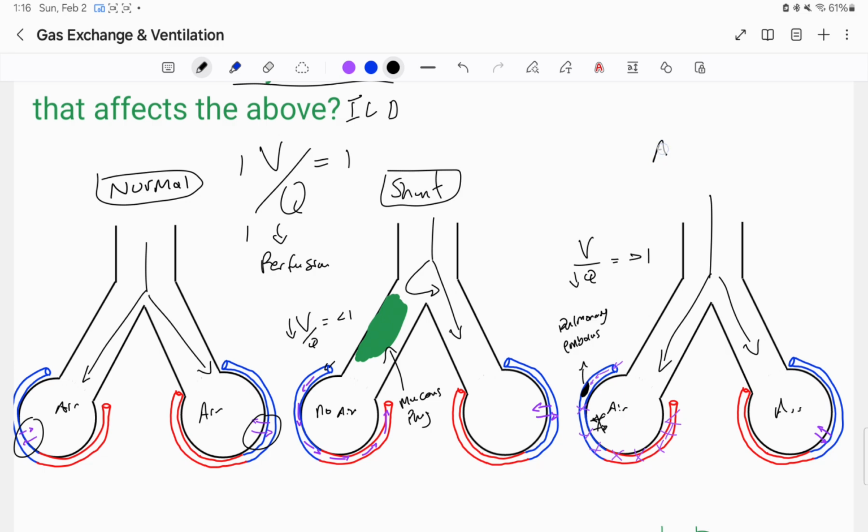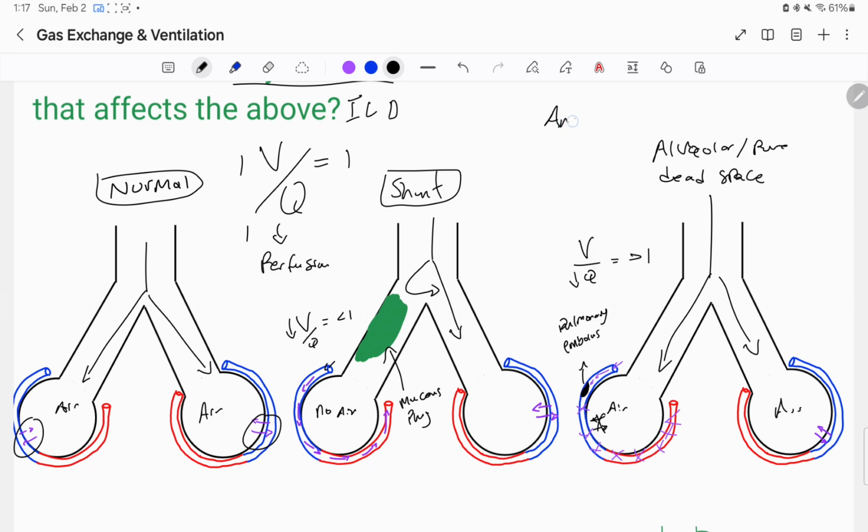Now, you know what we call this? We actually call this alveolar, or pure, dead space. Guys, this is not the same as anatomical dead space that we had in the upper airways. This anatomical dead space is very different. So the alveolar dead space can actually add on to your anatomical dead space, and it can contribute to your total dead space, right?